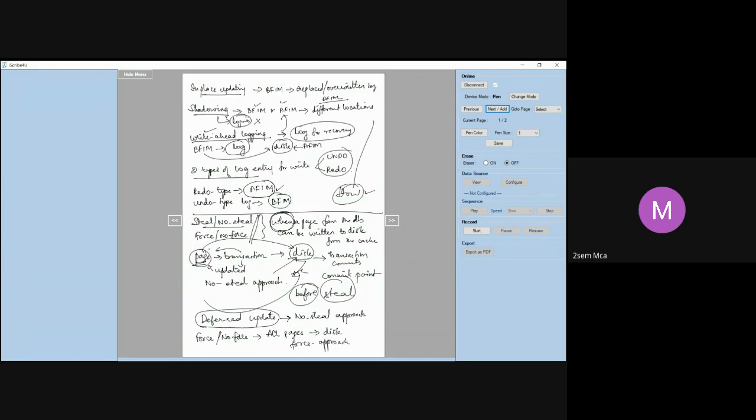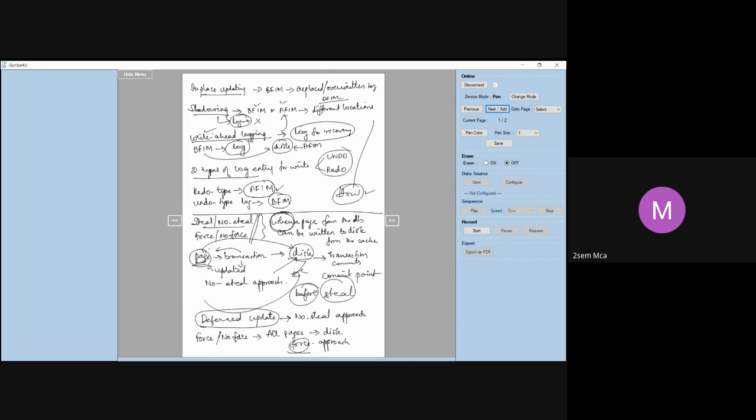If you are not writing all the pages immediately, you are deferring the update, then you call it no force.